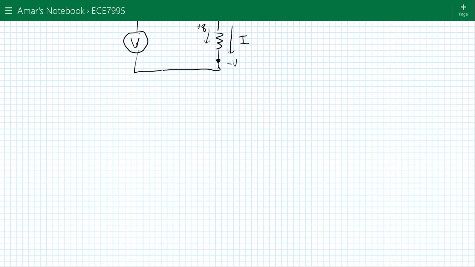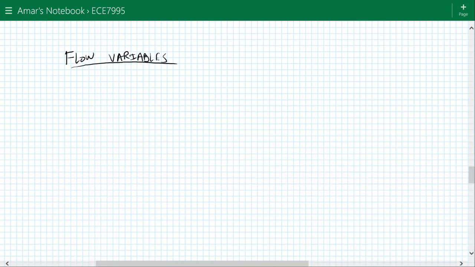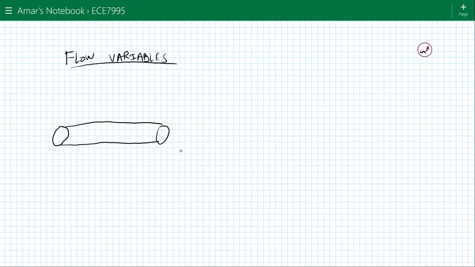So for those of you who aren't electrical folks, let's talk about flow variables. In the electrical domain, imagine that we have a cross-section of a wire, and let's take a cross-section in the middle.